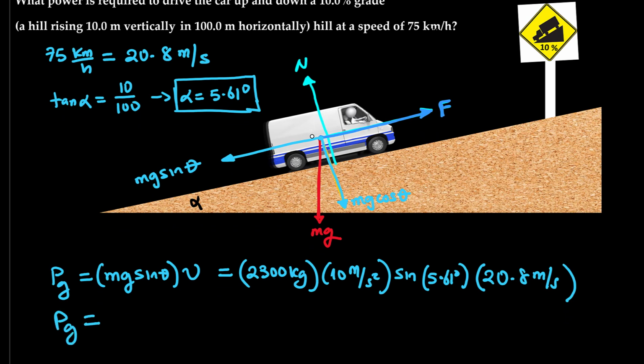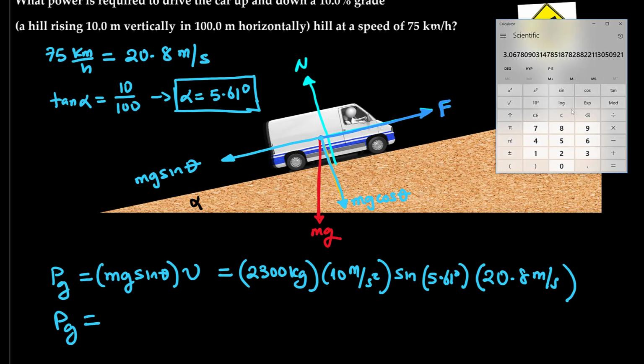So if we calculate all of that, we will have the power to counteract gravity will be equal to you have 2,300 multiplied by 10 multiplied by 20.8 multiplied by the sine of 5.61.